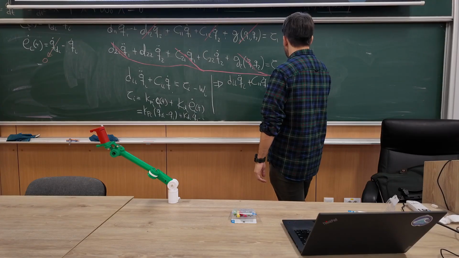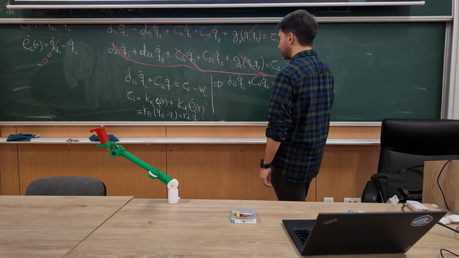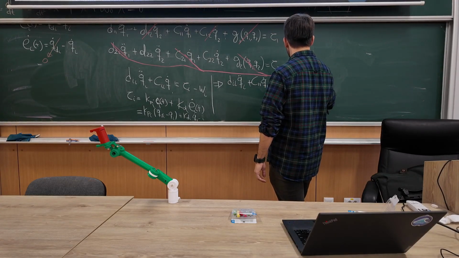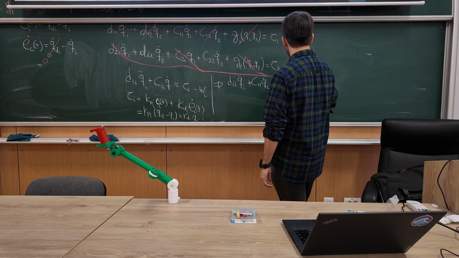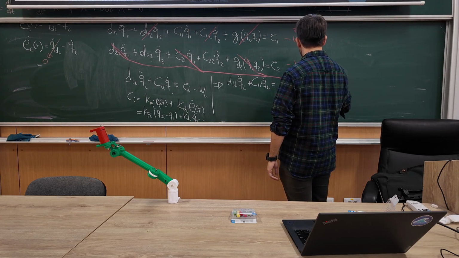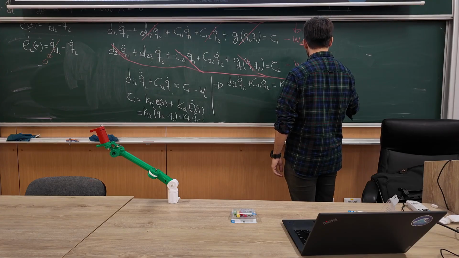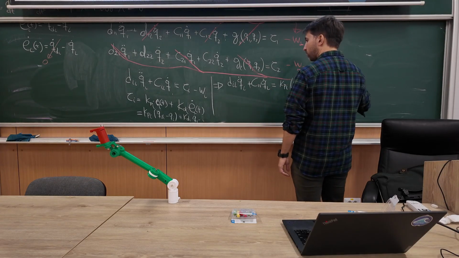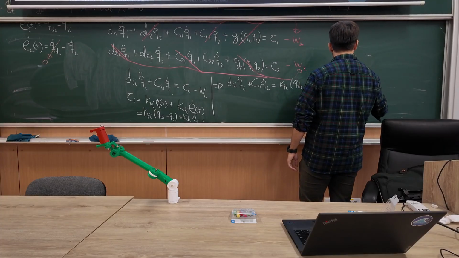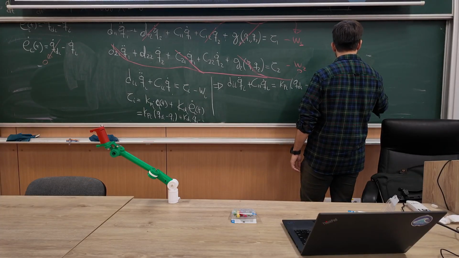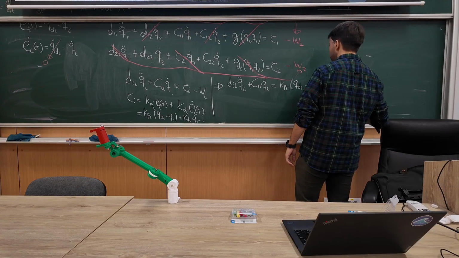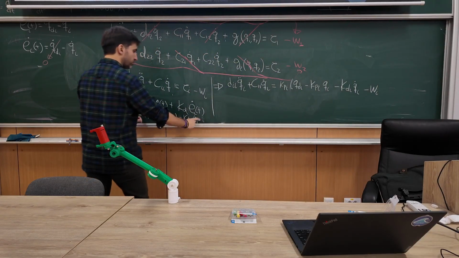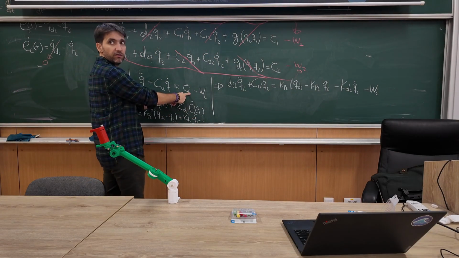Kp_i, qd_i minus qi, minus kd_i qi dot, minus w_i. So I just took this part and put it here.